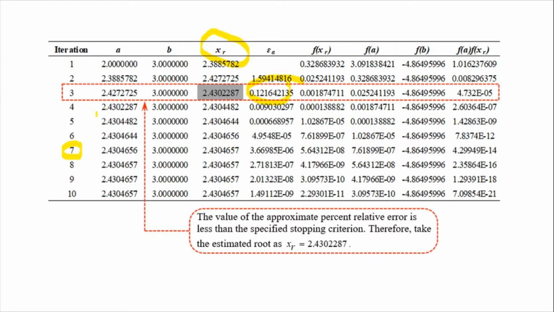But in the false position method, we reached that stopping criterion only at the third iteration. Also notice that from the 7th iteration to the 10th iteration, the values of our approximate root repeat and repeat. If this is the case, then our algorithm reaches what we call convergence.